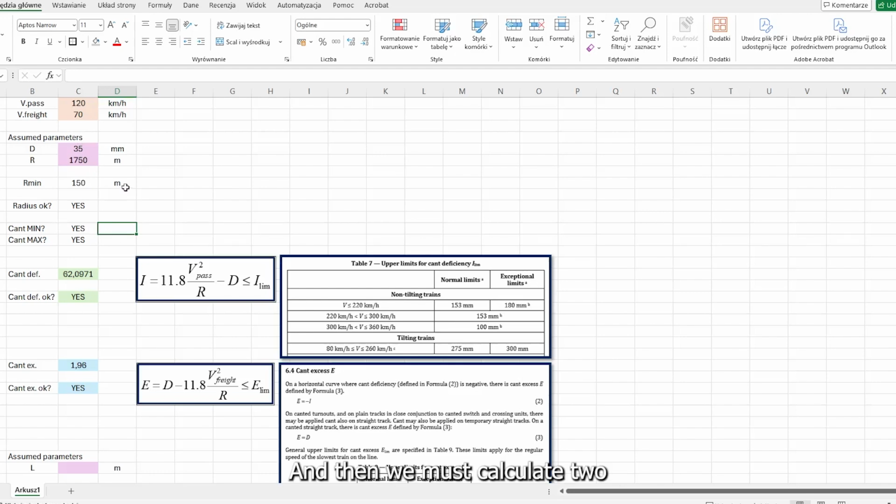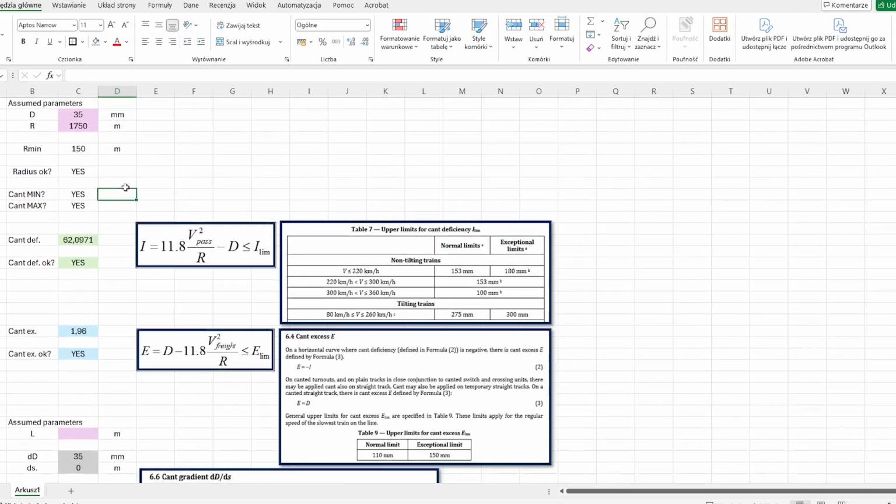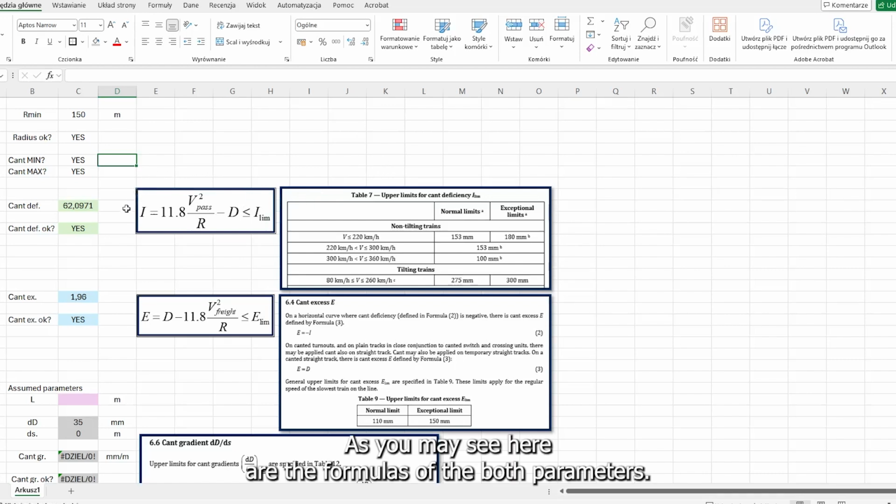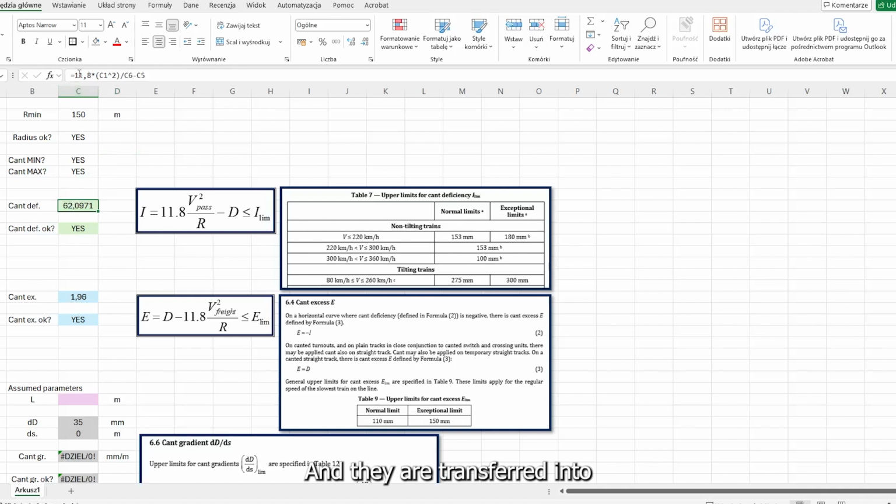And then we must calculate two main parameters, the cant deficiency and the cant excess. Here are the formulas for both parameters, and they are transferred to these Excel cells.